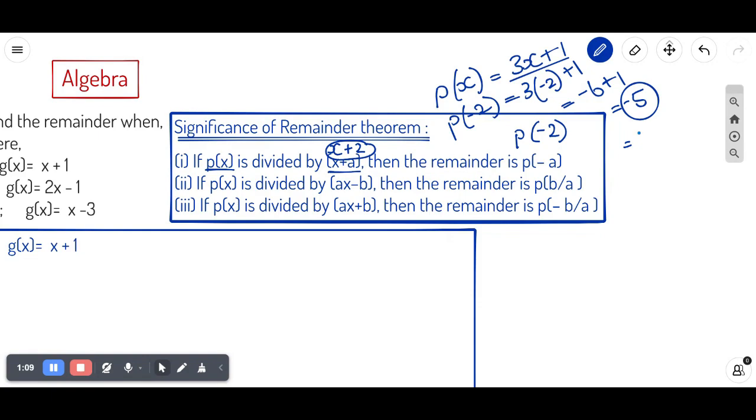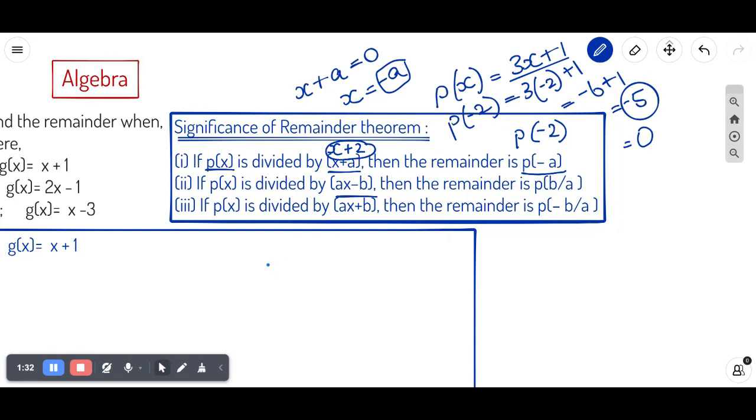If you get a remainder 0, this is exactly divisible. That is the meaning. So here we are going to use the remainder theorem formula. For x plus a, you equate it to 0, which means x is equal to minus a. If you put this minus a in p of x, you will get your answer.